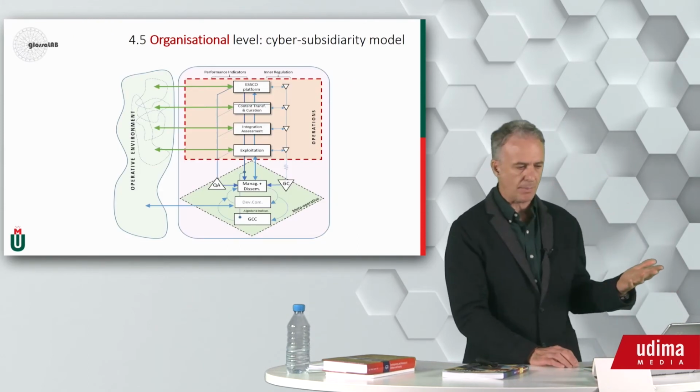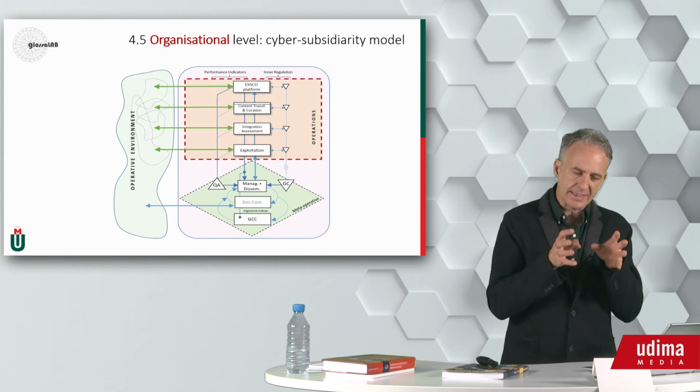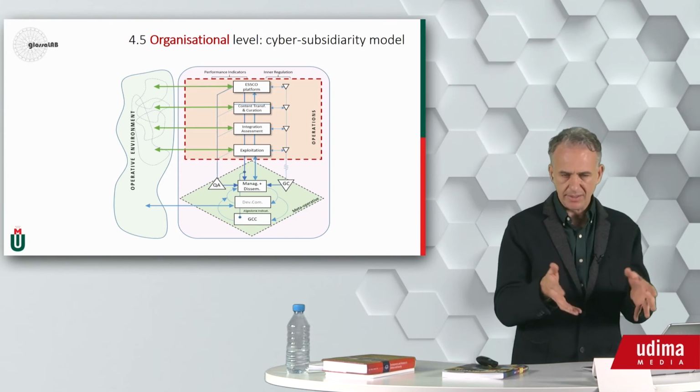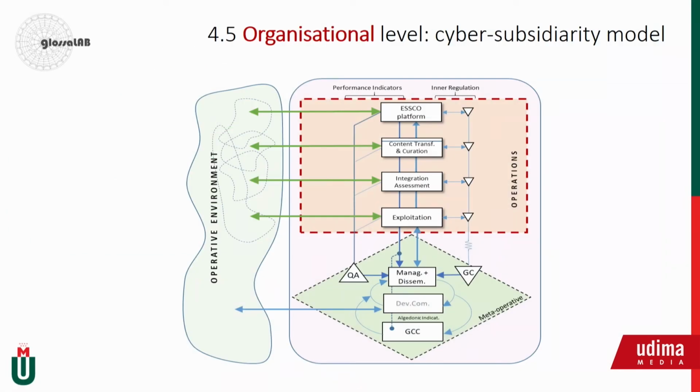Then for the organizational level, we will strive to implement this cyber-subsidiarity model, which stems from Stafford Beer's viable system model, in which we can observe four autonomous operative teams or components. One of them is devoted to the glossaLAB platform.